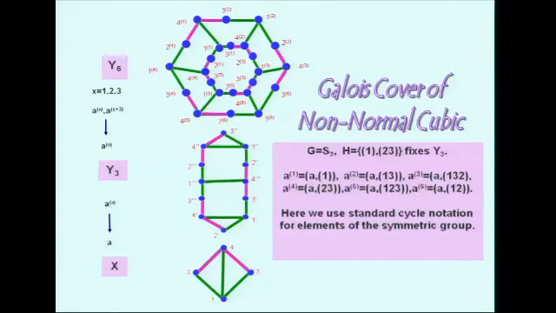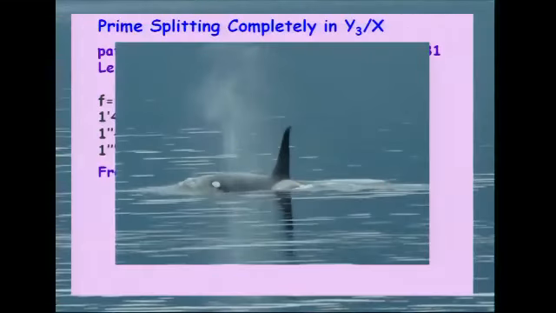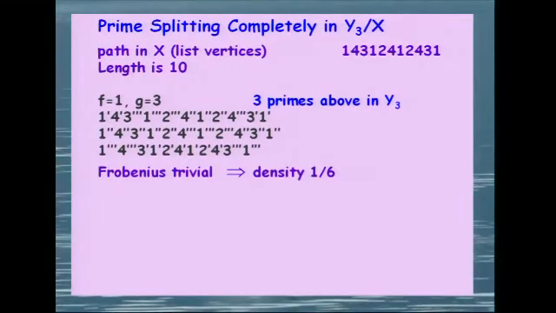So it's a lot more interesting to test things on. So for example, if I want a prime that splits completely in the non-normal cubic, it turns out it has to have length 10. It takes a while to figure out what prime will do that, because primes of length 10 are fairly complicated.